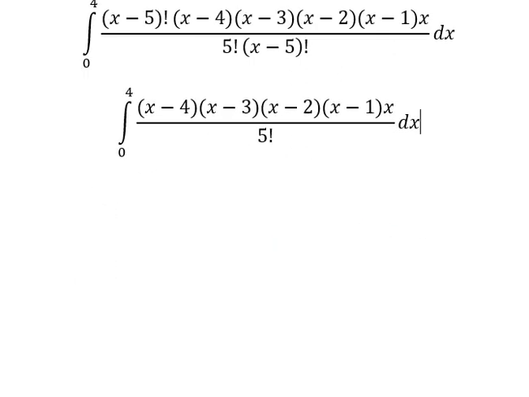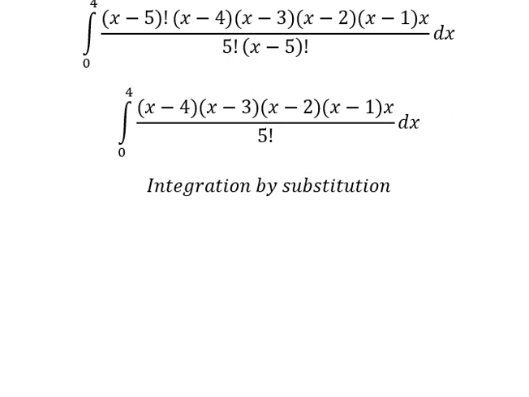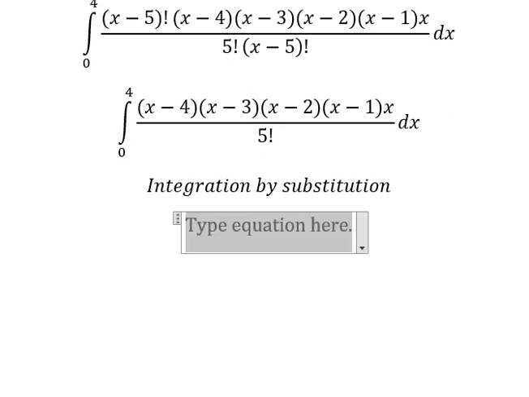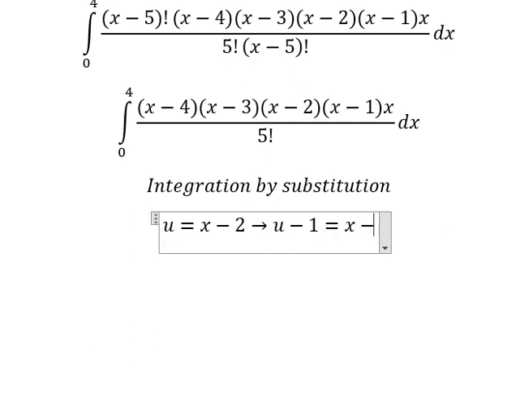Next, we can use integration by substitution. So I will put u equals s minus 2. So if we have s minus 3, we put negative 1 on both sides, and we have s minus 3, negative 2 with negative 1, we have negative 3.